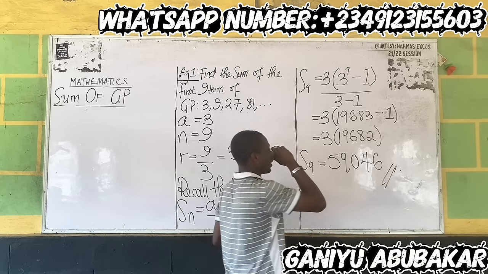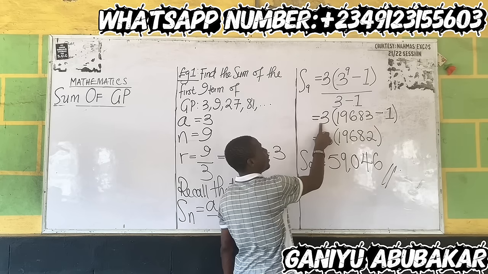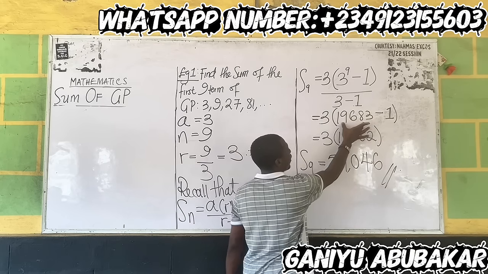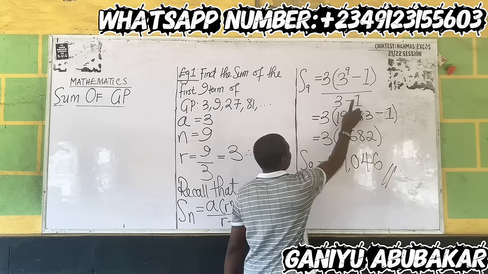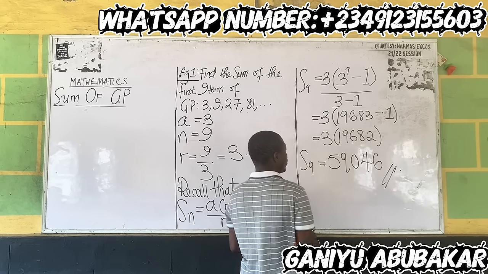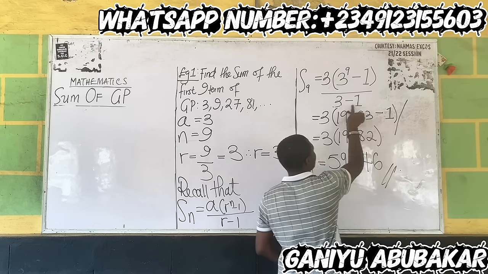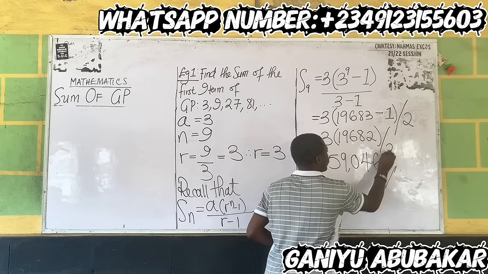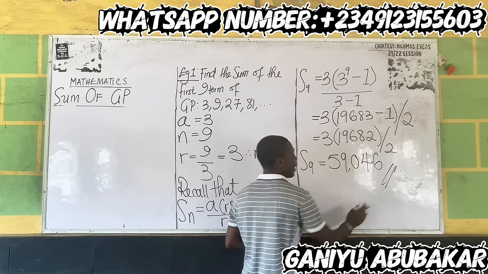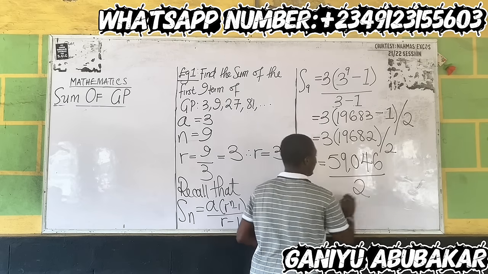So in this case here, before I proceed with the assignment, we just said 3 to the power 9 is this value, minus 1 is this. We just forgot to divide by 3 minus 1. So this one means divided by 3 minus 1, which of course gives you 2. So divided by 2. This is not my final answer. I have to break this down. So divide this value by 2.